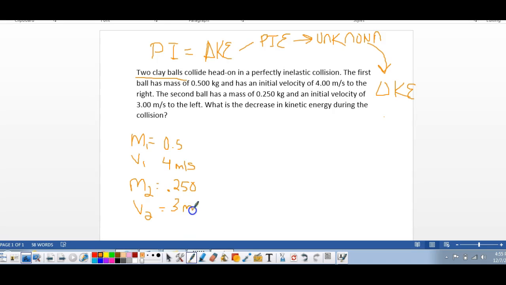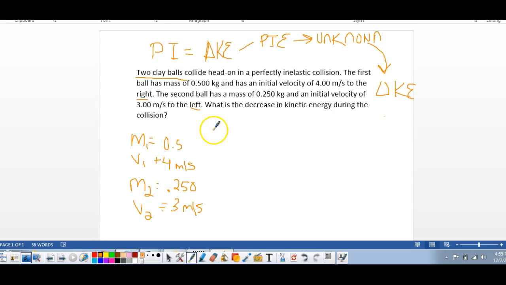So the lighter one's going a little faster, but in the end, when they hit each other, they're going to stick together and move one direction or the other. What we have to remember is they're moving in opposite directions. This is right, this is left. So we're going to make this one negative, because we have to keep the frame of reference correct. Otherwise, we get the wrong answer.